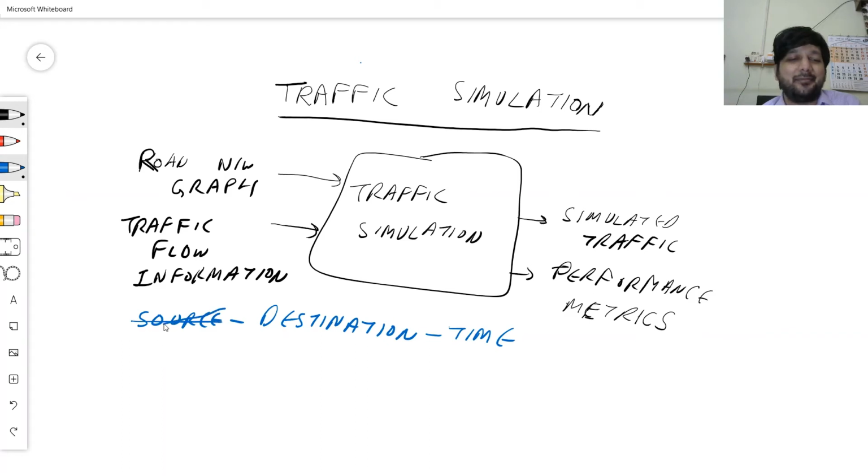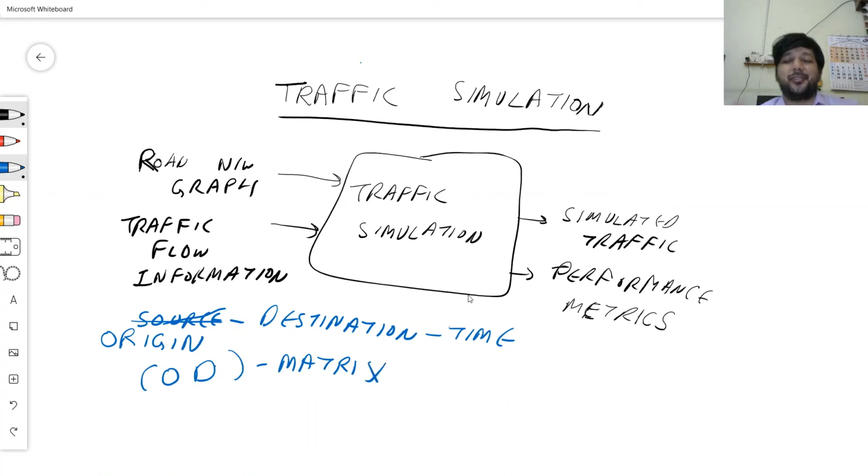Now in traffic, the source is called the origin, the goal is called the destination, of course. So it is the origin destination information, or it's called an OD matrix, the origin destination matrix, and time is silent.